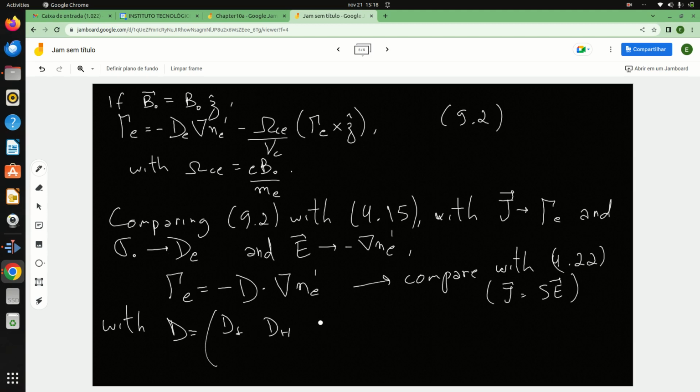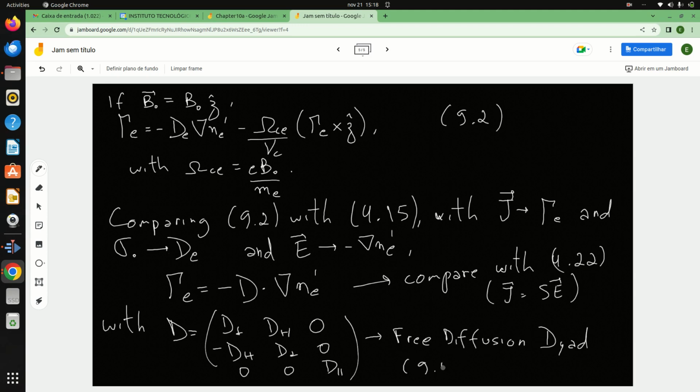This is the diffusion coefficient, so the diffusion tensor. Equation 9.4. This is 9.3.